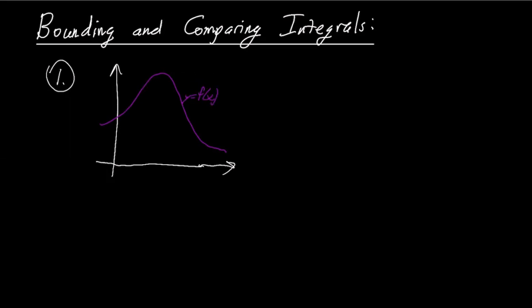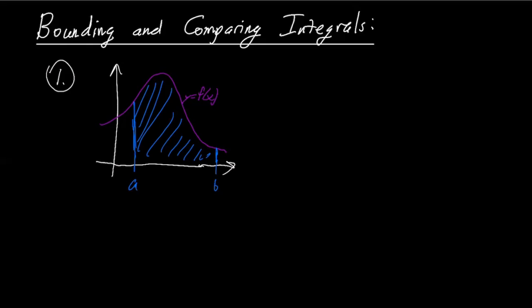Okay, and let's make our interval from A to B, something like that. So this is the area we care about right here. I claim that there are some actually pretty easy bounds that you can see.